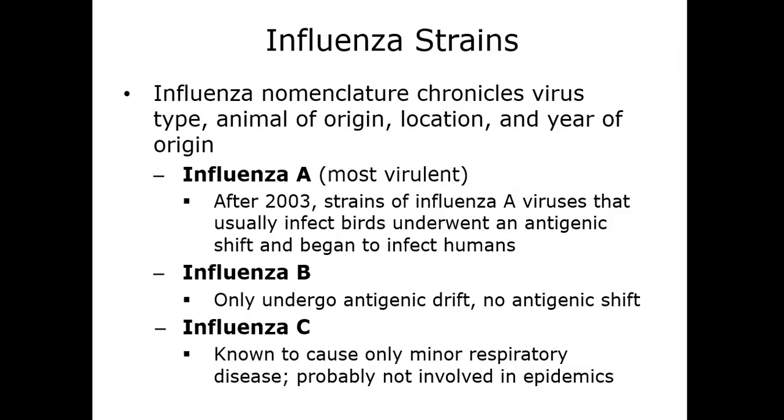And influenza C only causes very minor respiratory disease. It's not really implicated in any of the global epidemics or pandemics that we have seen in the past. So influenza A is really the one that we think of in our yearly influenza outbreaks.